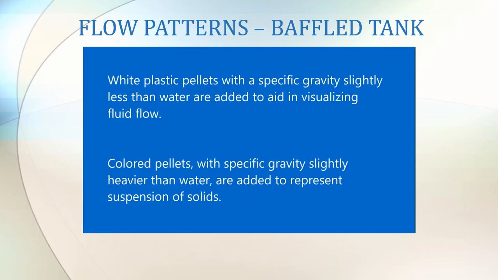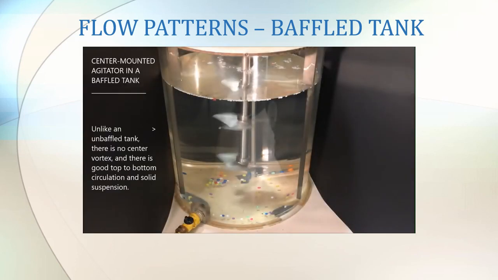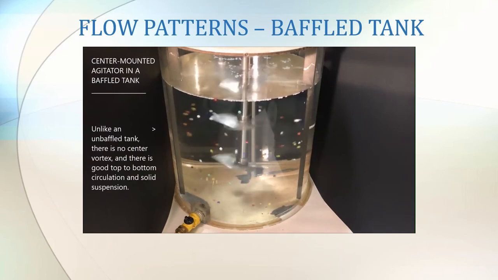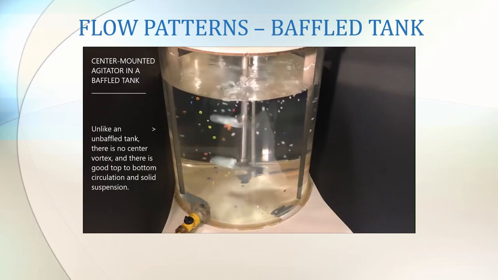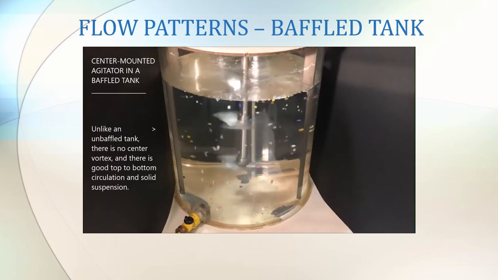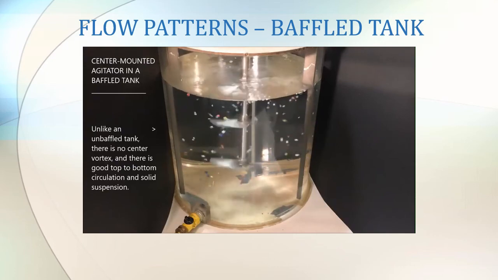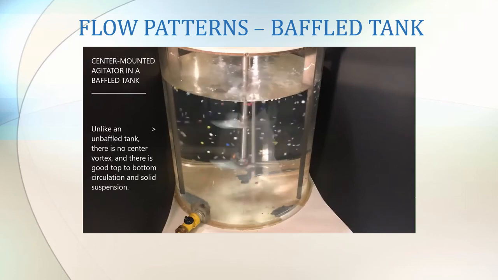By having the baffles, the beads are going down and going up, and because of the addition of baffles, it will prevent the formation of vortex and the mixing will be even better. You can see here, unlike the unbaffled tank, there is no center vortex and there is a good top to bottom circulation of particles.